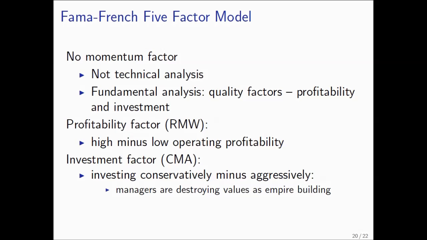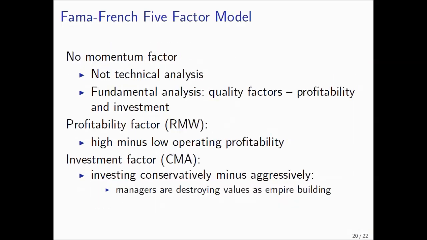This is the agency problem: if the manager invests a lot, that's actually a bad thing. Companies that invest conservatively tend to do better than those that invest aggressively. One example in agency models is that managers tend to destroy value because they want to build a big empire, a big office, so they're not really maximizing shareholders' profit.